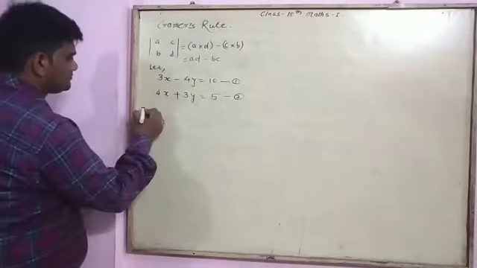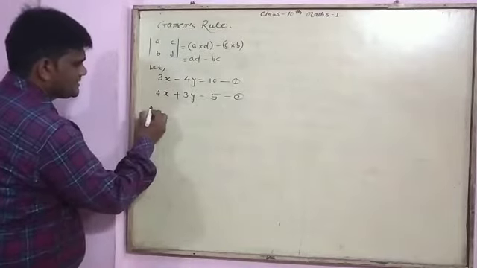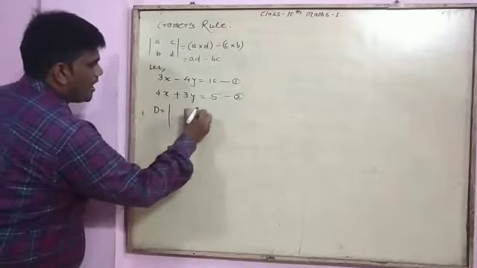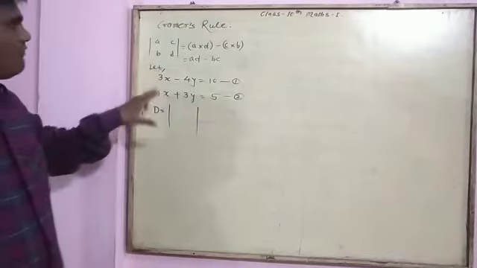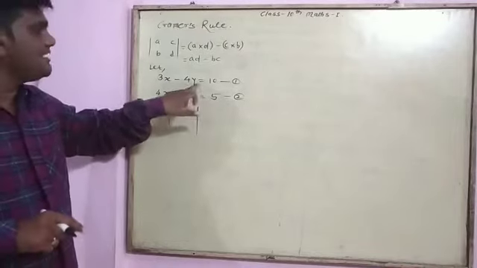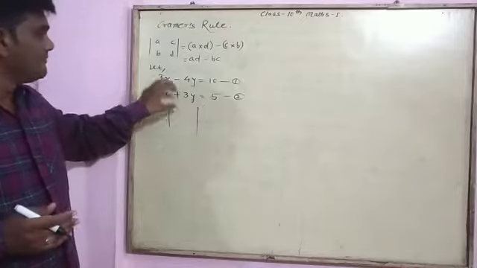So first we take the value of D. How to find the value of D by using the equations? This is the very first time we are going to find it for you.